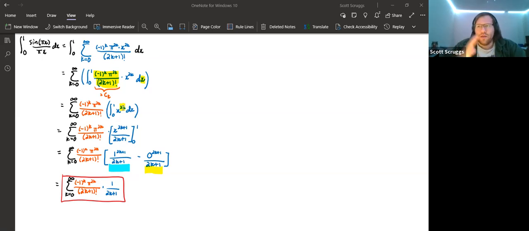So to summarize, if you're integrating or differentiating a power series, or a Taylor series, or a Maclaurin series, like in this case, you're going to integrate or differentiate term by term, by moving the integral or the derivative inside. Note that you will have some constants that do not have an x involved at all.